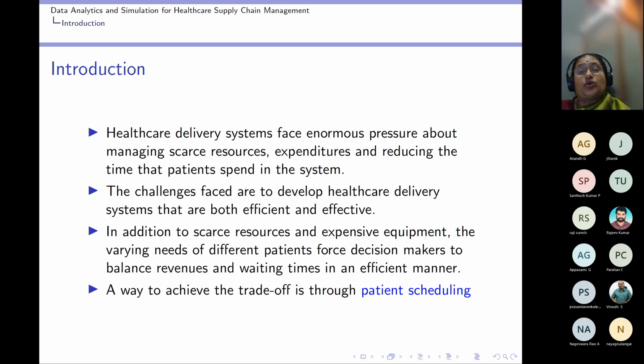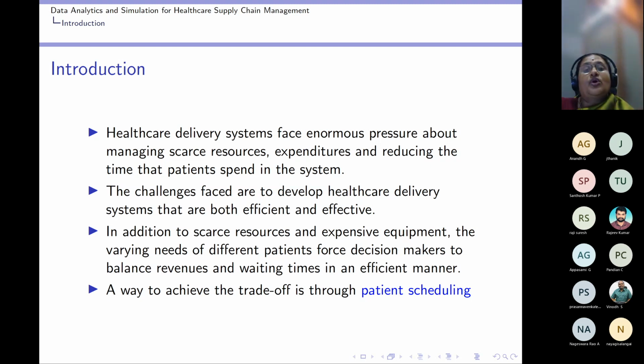So the answer, buy another resource, does not work most of the time. So the question here is: I am severely constrained with my resources, so with the available resources, what best can I achieve in keeping the patients happy?